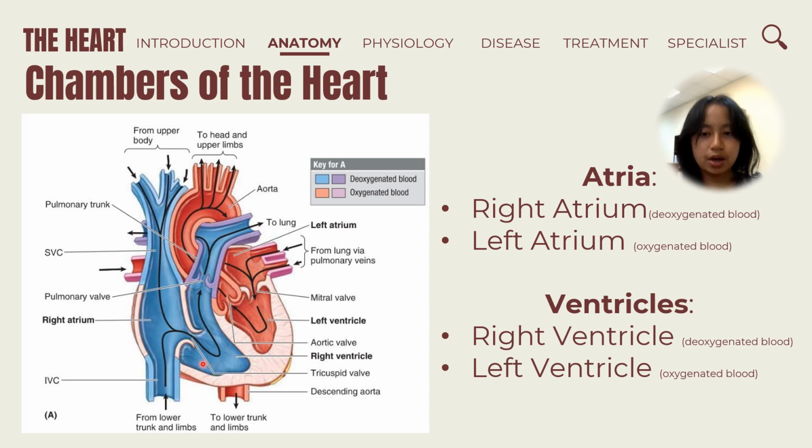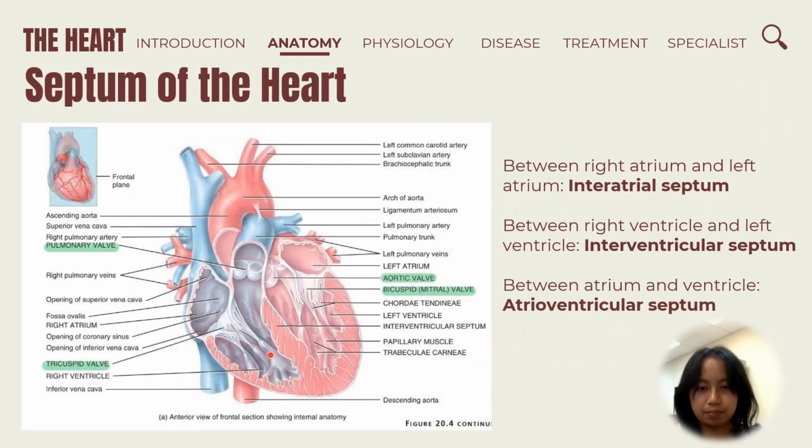What separates these chambers is the septum. Between the right atrium and the left atrium is the interatrial septum, and between the right and the left ventricle is the interventricular septum. And between the atrium and the ventricle is the atrioventricular septum.